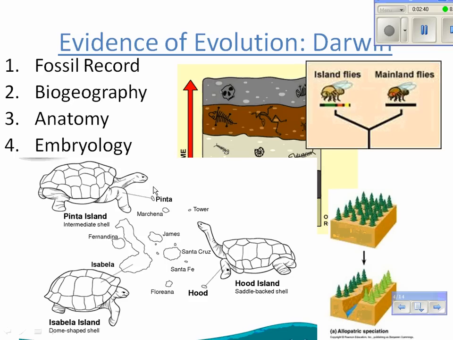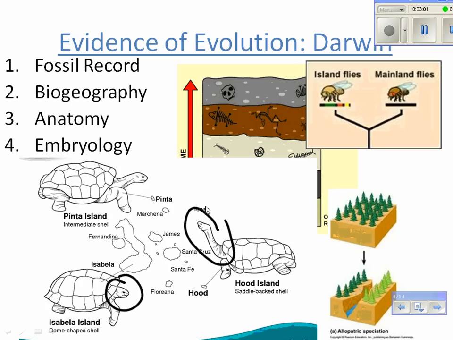Biogeography is, you mainly think of island species. So Darwin's sailing around in the Galapagos, and he sees, hey, on all these different islands, these tortoises have very distinct characteristics, like their neck length, for example.